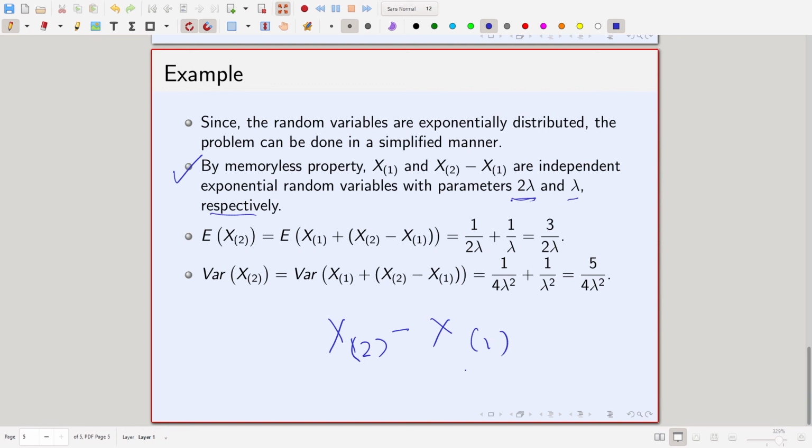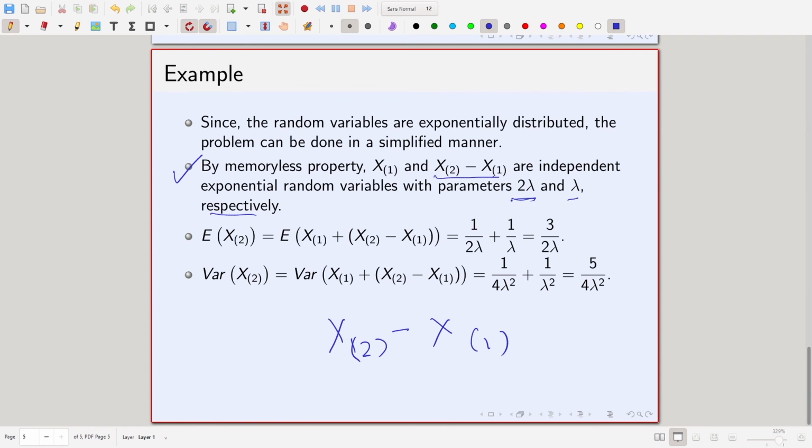By the memoryless property, how much more it will be does not depend on what you are already given, that it is at least this much. What it is at least is not important, only how much more it can be. That is X2 minus X1, and by the memoryless property, that will be just simply exponential.